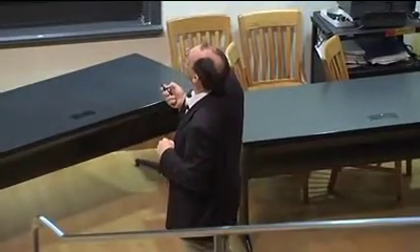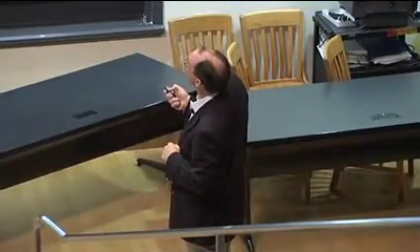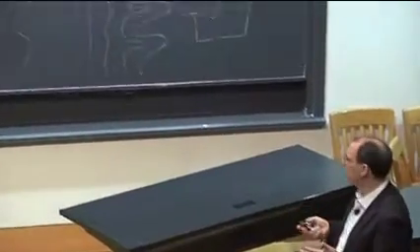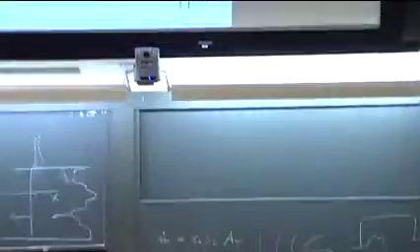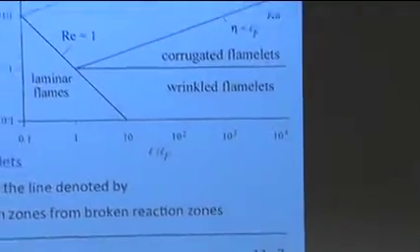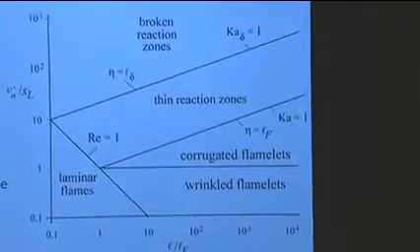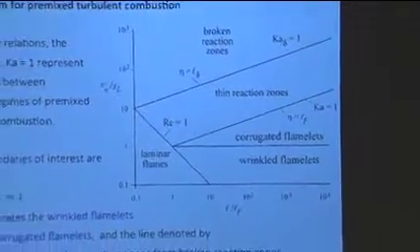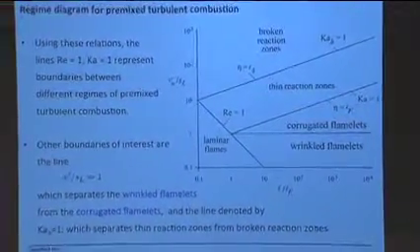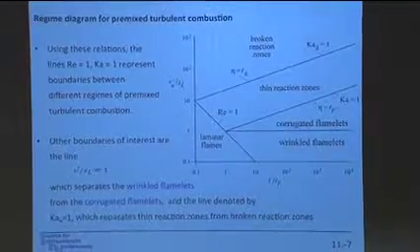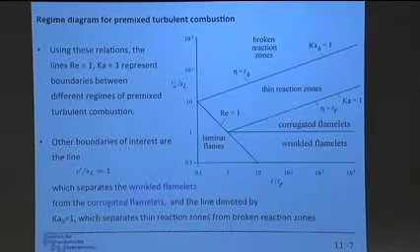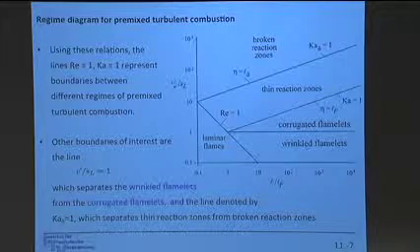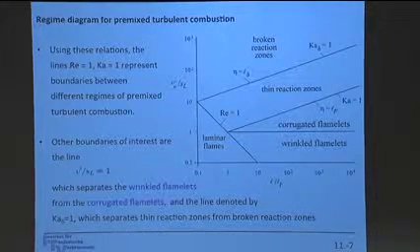Okay, so this is here. Now, if you make the turbulence scales smaller and smaller, and the Kolmogorov scale becomes even smaller than the thickness of the reaction zone, then it will even disturb and mix up the reaction zone, and we call this the broken reaction zone regime.